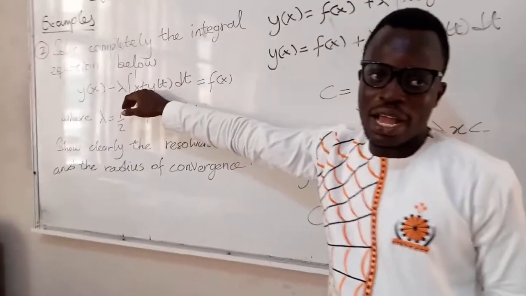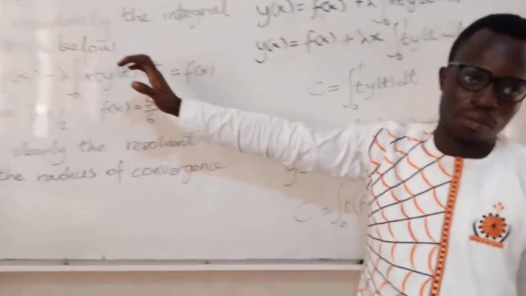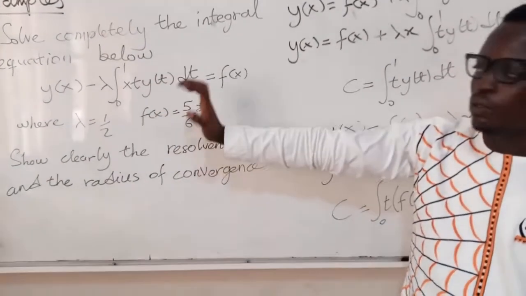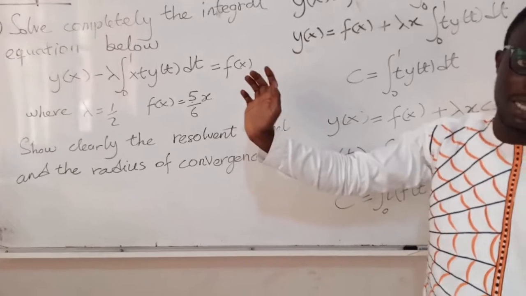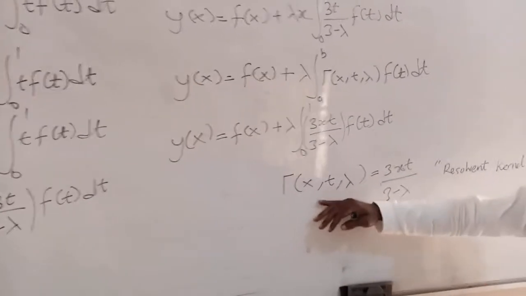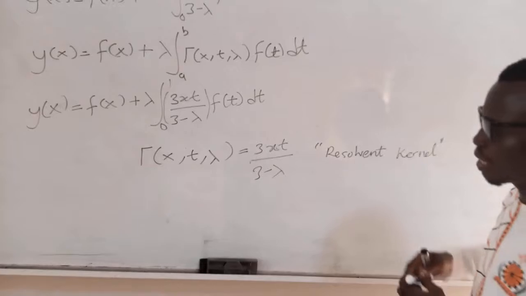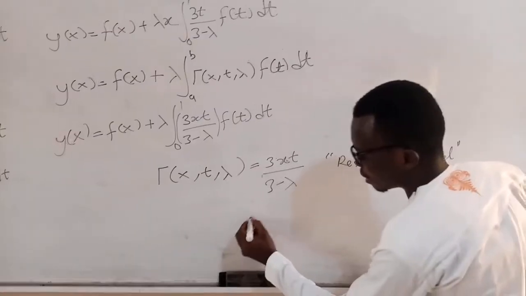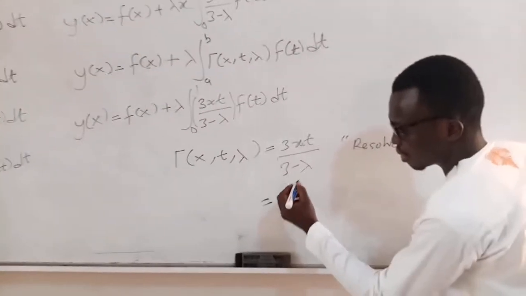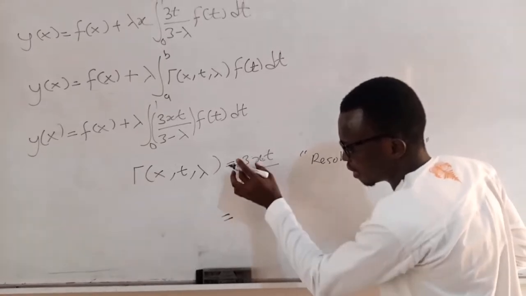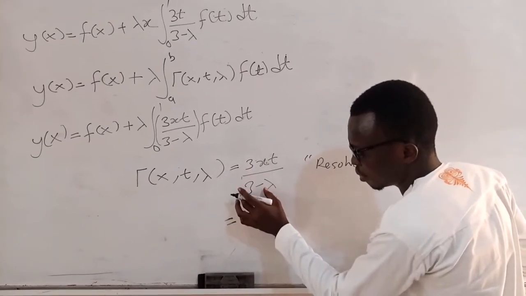It is st. st always becomes the first term in the resolvent kernel, which is the same as a1. And it looks like a GP. So if it looks like a GP, let's rewrite this by dividing both here by 3, and here too by 3.